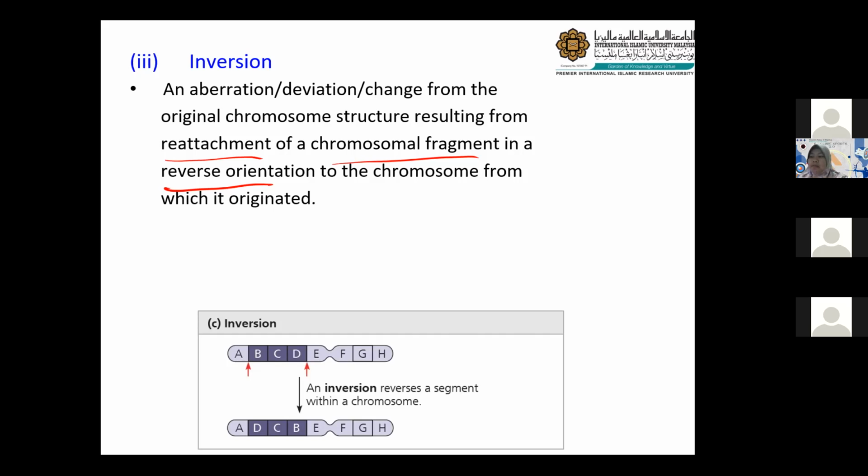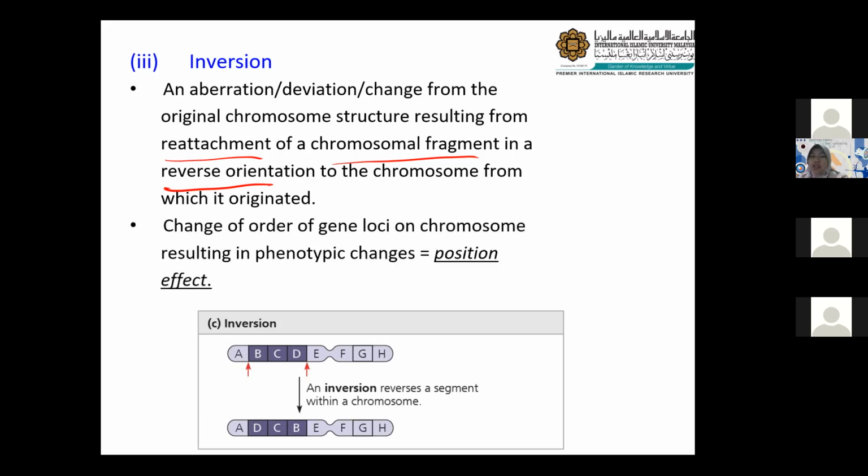Okay? Right. So the chromosome fragment is in the reverse orientation. Okay. Example. So the effect is it will change the order of gene loci on the chromosome. And this will result in phenotypic changes, what we call as position effect. Kesan dia adalah position effect because it changed the position, inverse.